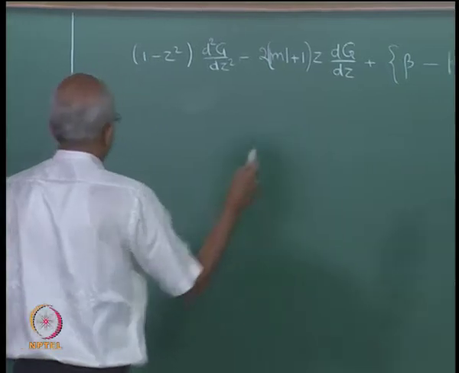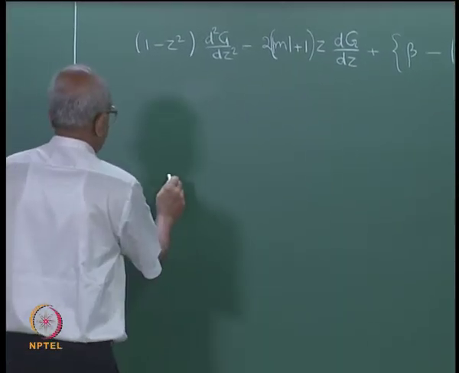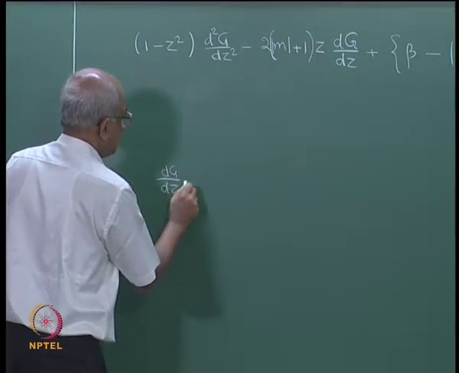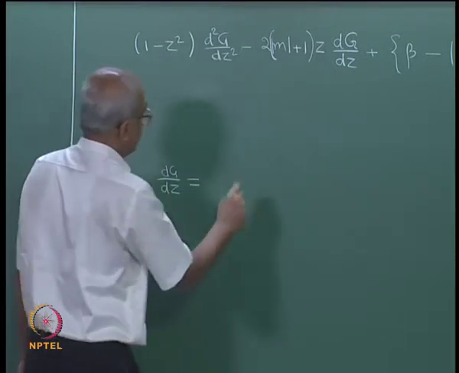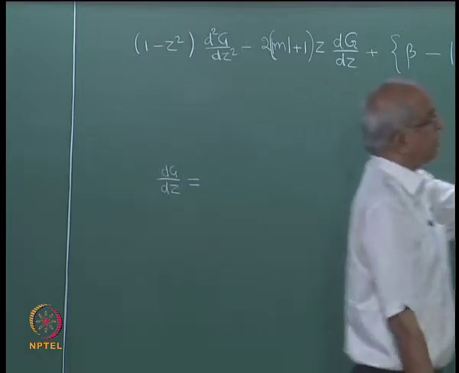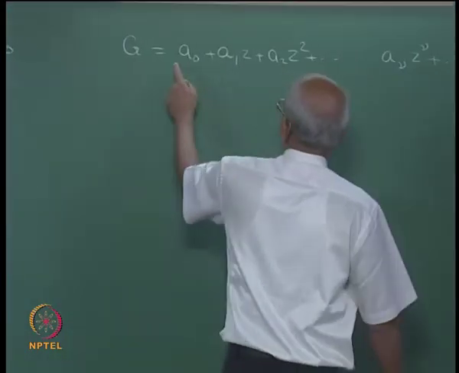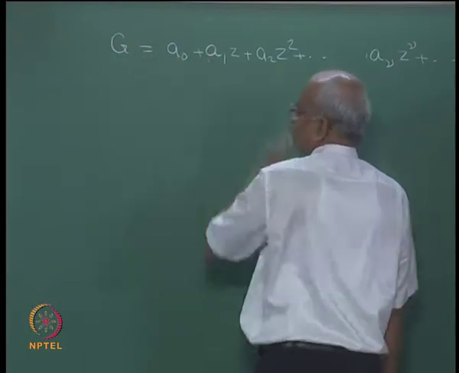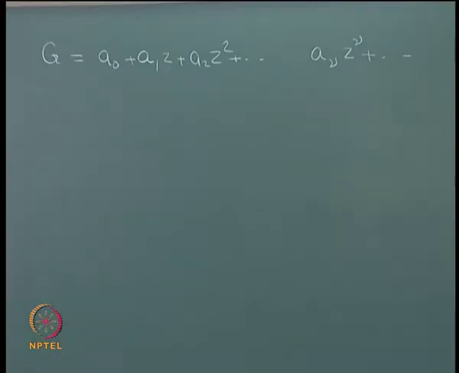So now let me calculate the first derivative of G, dG by dz. Well, if you say that this is G, and if you differentiate with respect to z, obviously A0 will vanish and you will have the first term as A1.